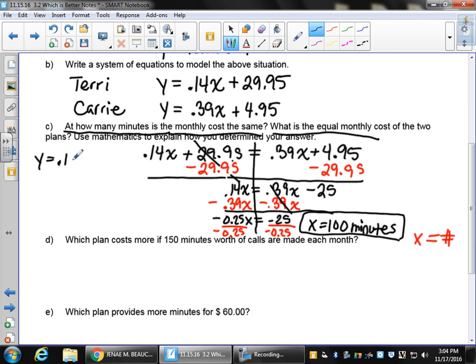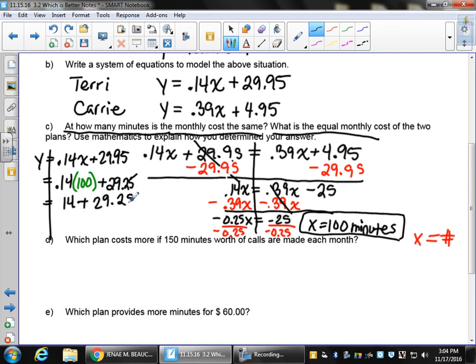So y equals 0.14x plus 29.95 becomes 0.14 times 100 plus 29.95. 0.14 times 100 is 14, plus 29.95 equals $43.95.